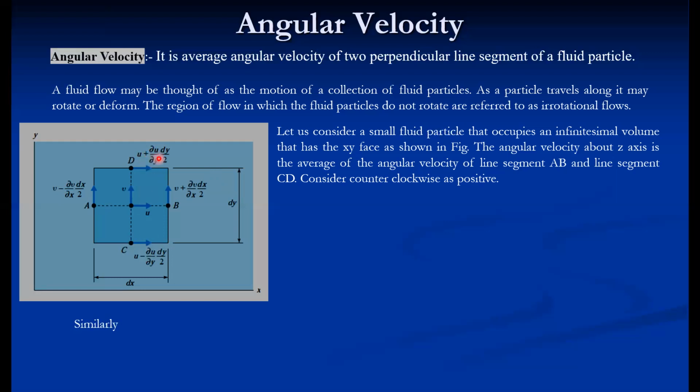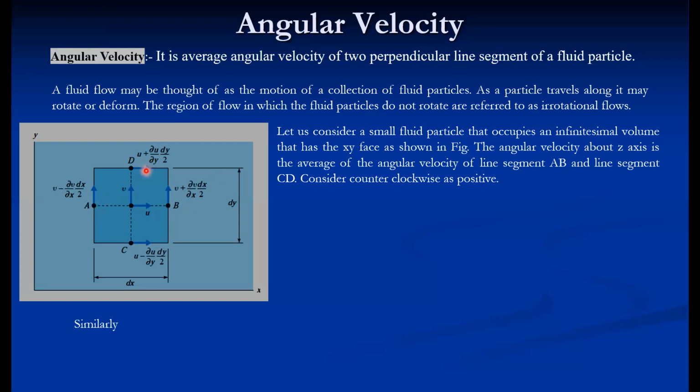So f(y) is u, and f'(y) is ∂u/∂y into dy/2, which is exactly half of this. And the opposite thing here, it decreases by the same amount, only instead of plus sign, minus sign is used. So this way, we have estimated the velocities at each end of the line segment, that is at B, at C, and at D.